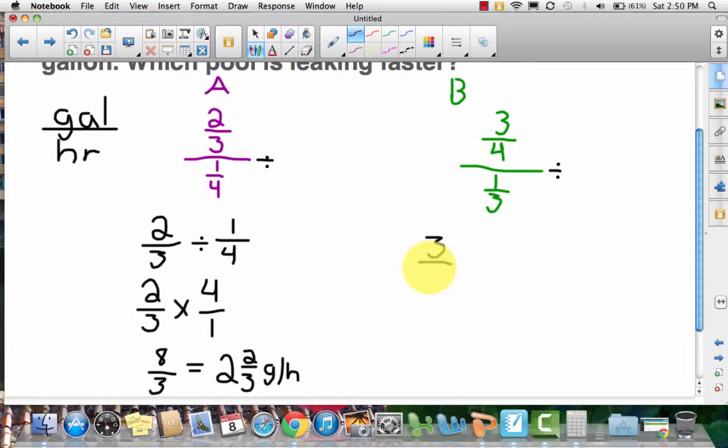So I'm going to write it down, 3/4 divided by 1/3. And just like before, in order to solve a division problem with fractions, we change it to a multiplication problem using keep, switch, flip. So I keep the 3/4, I switch the division to a multiplication, and I flip or find the reciprocal of the second fraction, so this becomes 3/1.